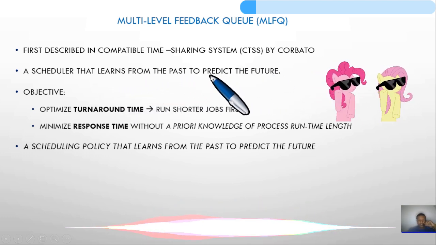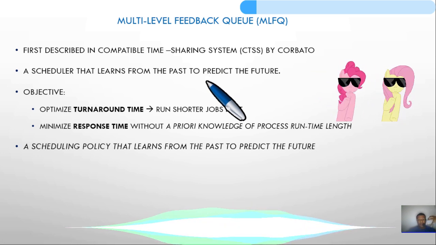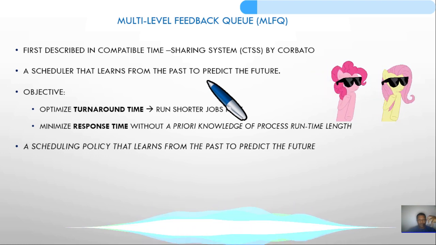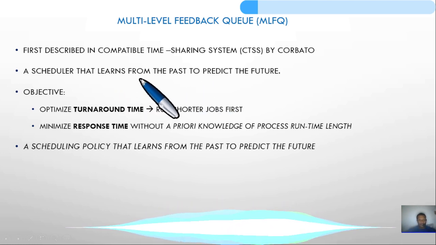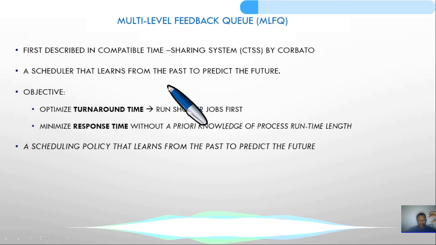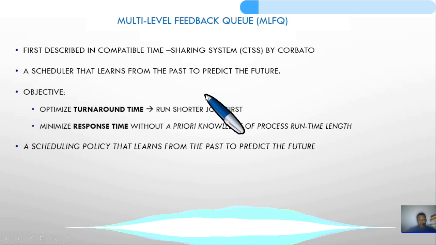What this scheduler does is predict the behavior of the process from its history, whether it is an interactive or CPU bound process. It will know from the history, because as I have discussed, the problem of other scheduling mechanisms is that they assume the burst time of the process is this much or that much, but that is not possible.